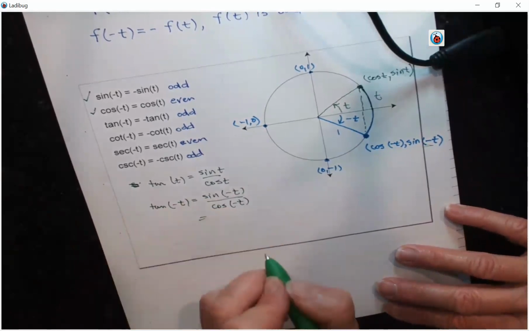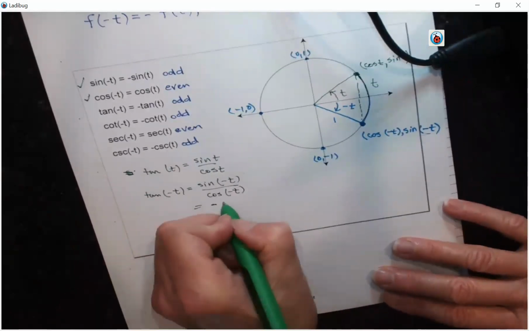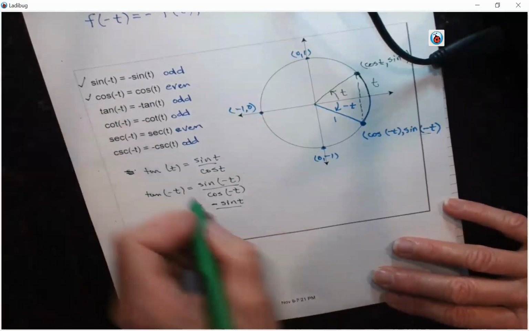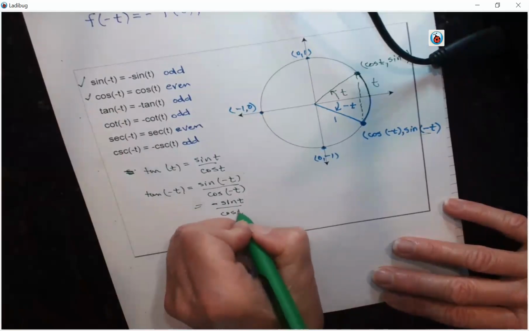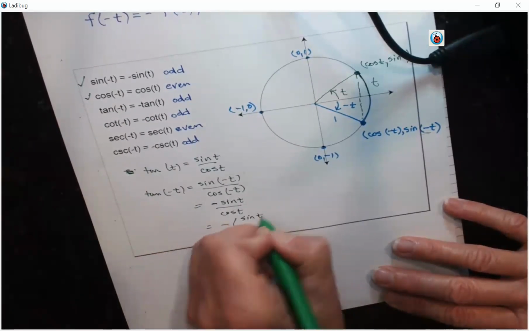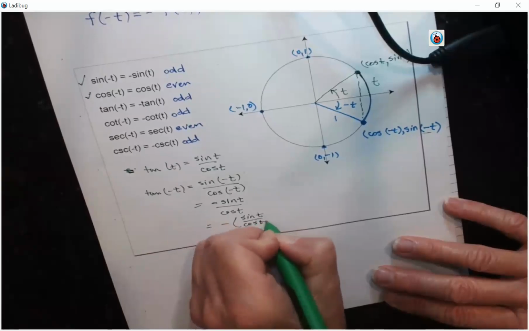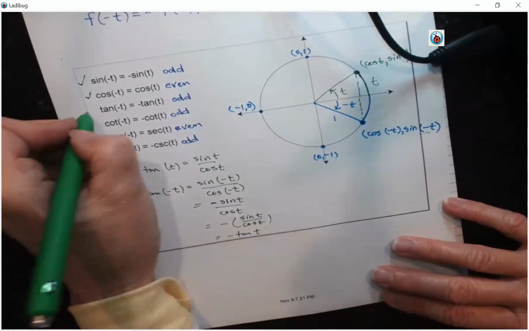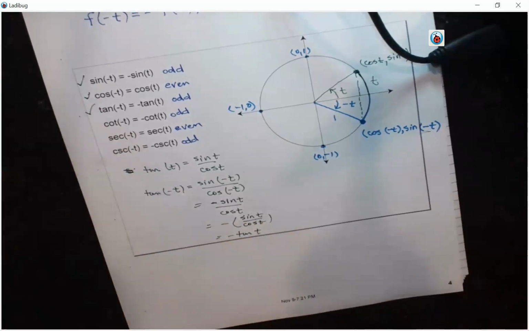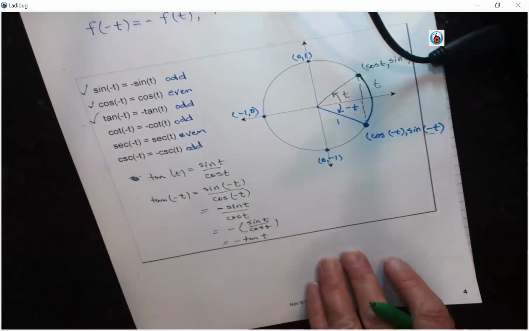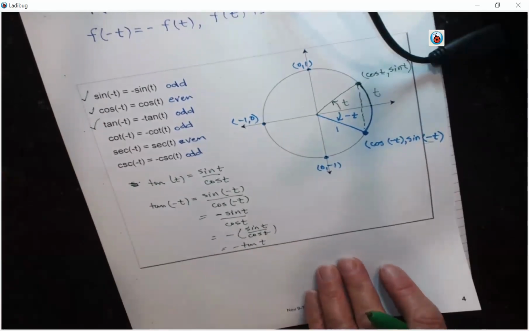But we just confirmed that the sine of opposite t is opposite the sine of t. The cosine of opposite t is equal to the cosine of t. So I have the opposite of sine t over cosine t, and that equals opposite tangent t. So I have confirmed the tangent function is an odd function. And again, the rest of those, I think you have to address perhaps in homework problems.